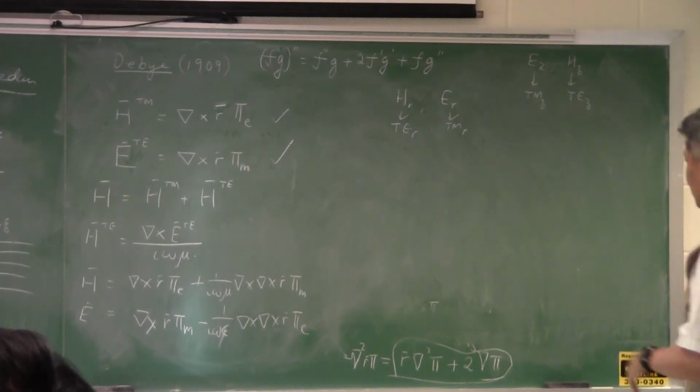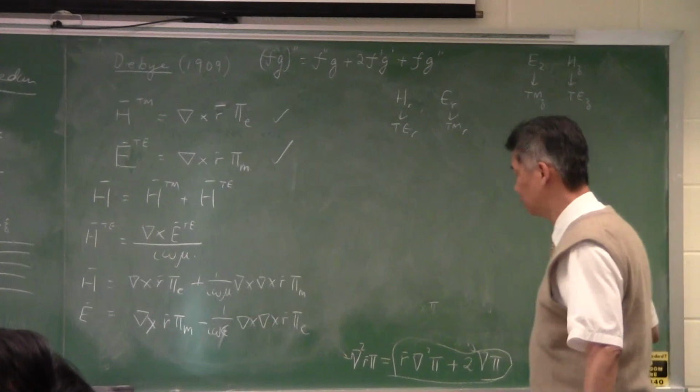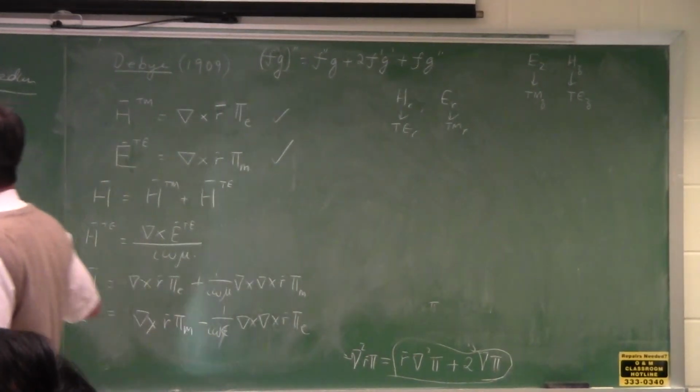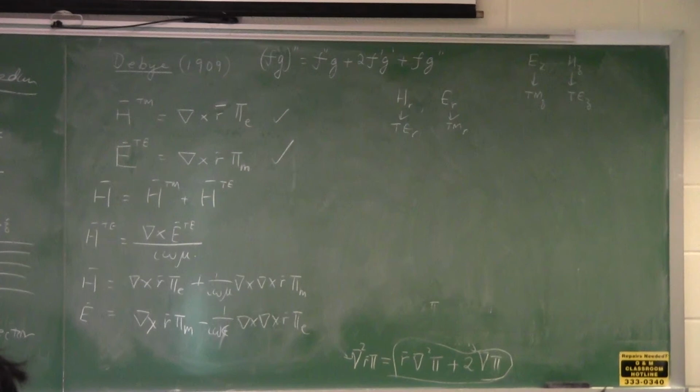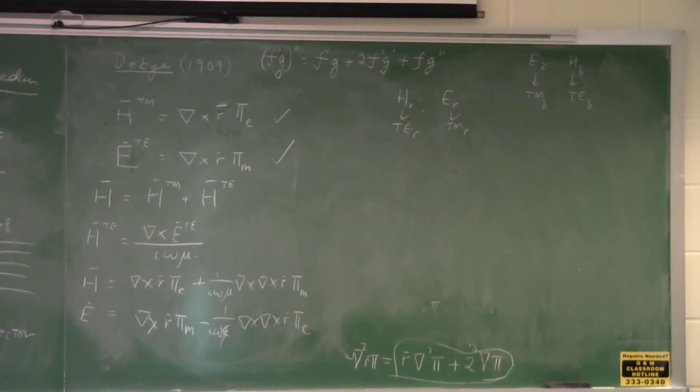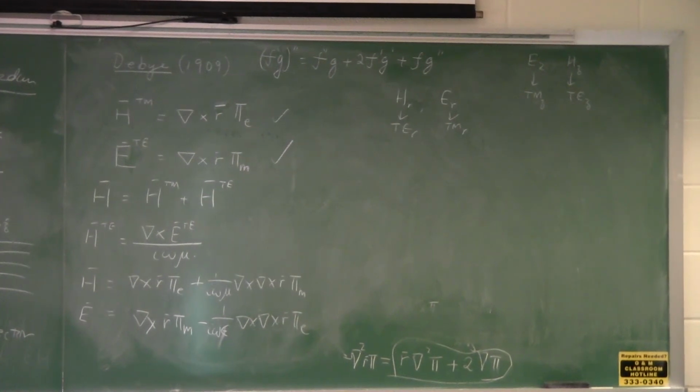In that one you define a vector potential A, and then B is curl of A because divergence of B equals 0, and then you say D is curl of F because divergence of D equals 0, and you come up with two vector potentials and derive some equations that look something like this, but these are not the same.